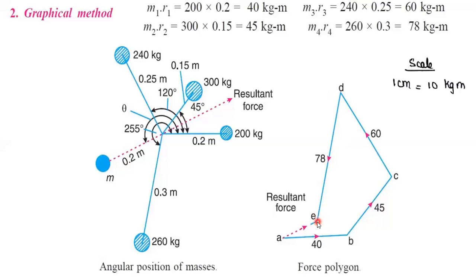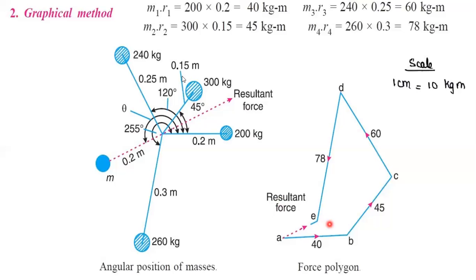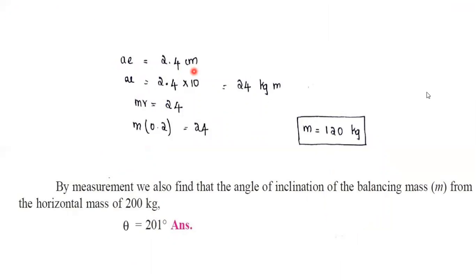We know very well that in a polygon, the closing side gives the resultant value. So just close the polygon with a dotted line, and this dotted line gives the resultant, that is AE. If you measure, AE will be 2.4 centimeters. Here we did scaling, dividing by 10, so finally we need to multiply by 10.